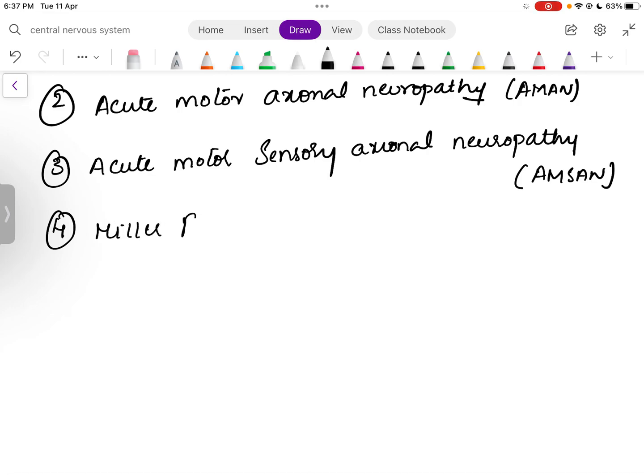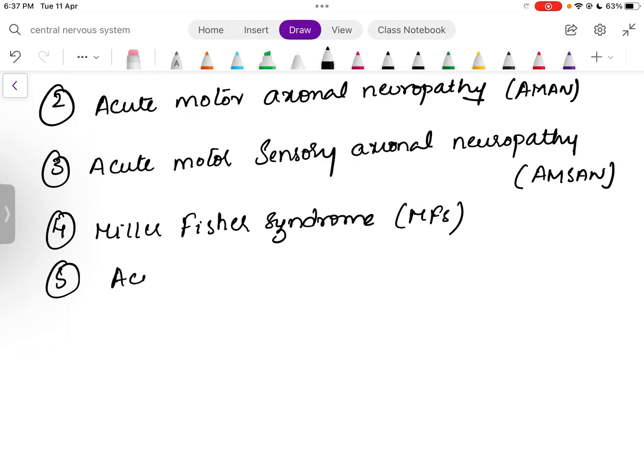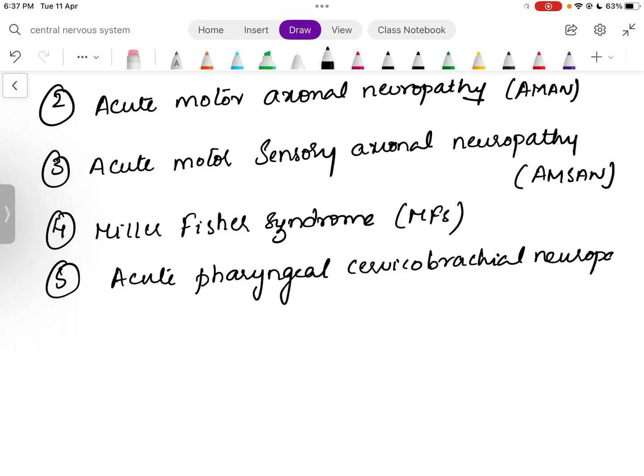Then Miller-Fisher syndrome, and acute pharyngeal cervico-brachial neuropathy. These are the different subtypes which we can see in Guillain-Barré syndrome.